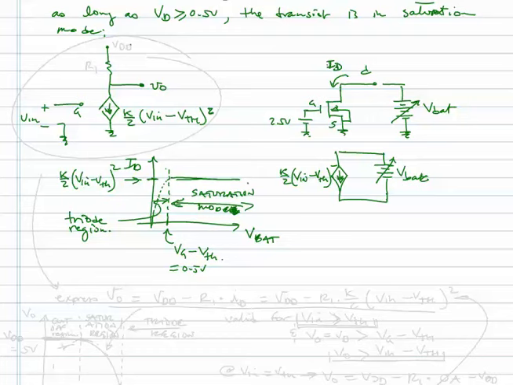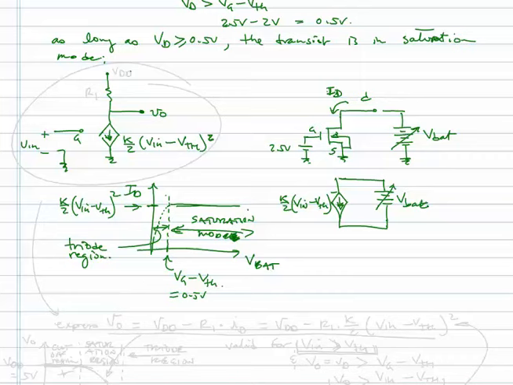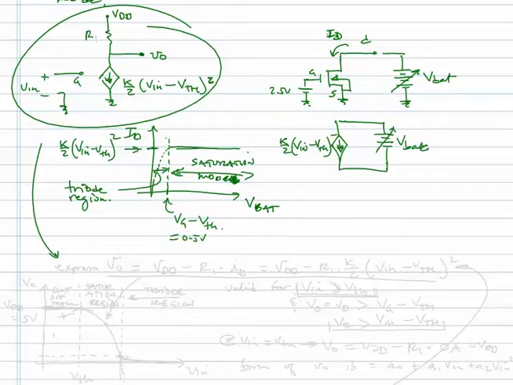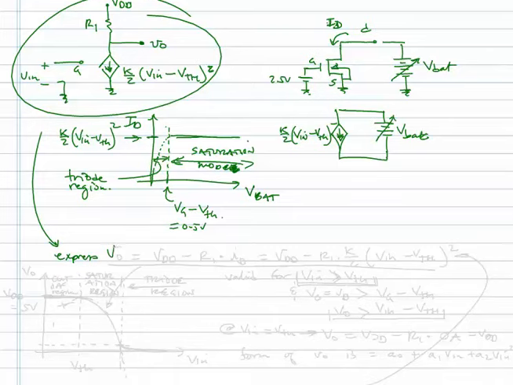Okay, so let's consider now, if we go back up to this circuit here, and let's write an equation. I'm going to call this VDD, and I'll call this R1. Let's express VO.